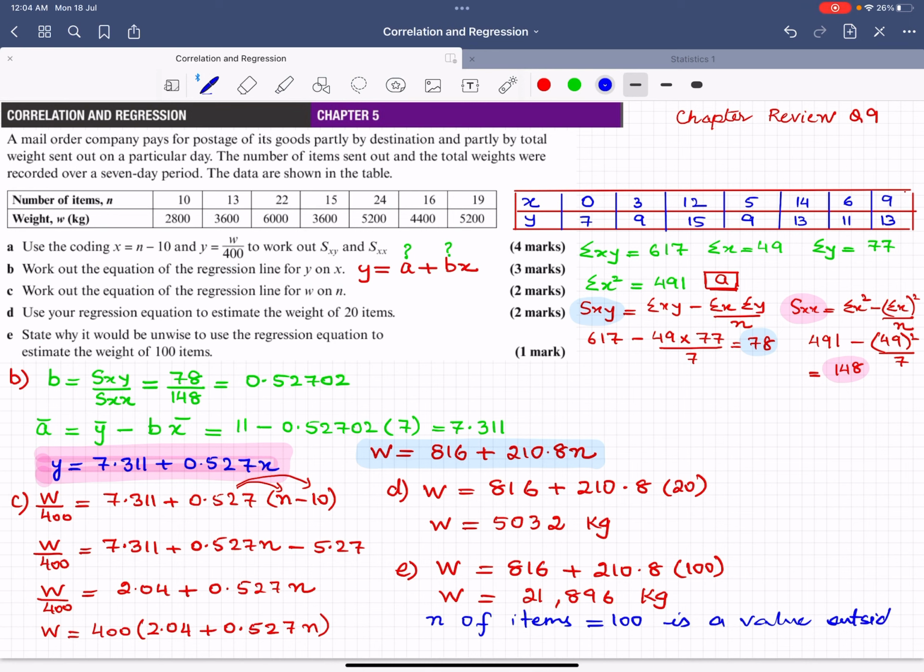So it is outside the range. Therefore, it is an extrapolation. And hence it is unwise to calculate weight for 100 items.